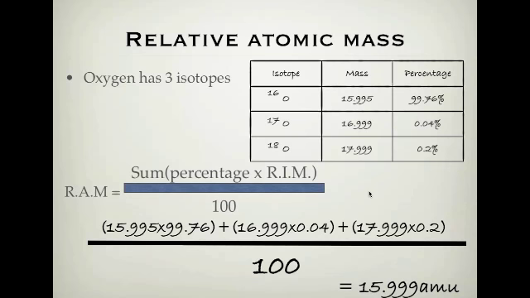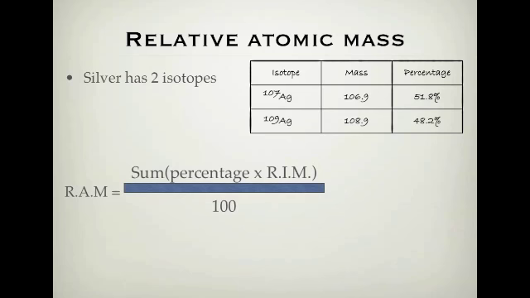The second one we're going to look at is silver. Silver comes in 2 different forms of isotope: silver-107 and silver-109, and the masses are here as well. Percentages are about half and half. 51% is silver-107 and 48.2% is silver-109.